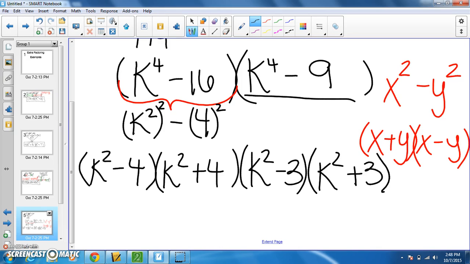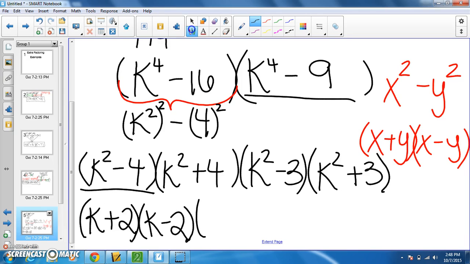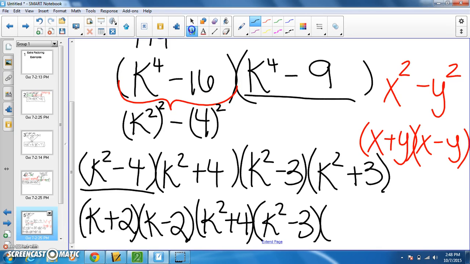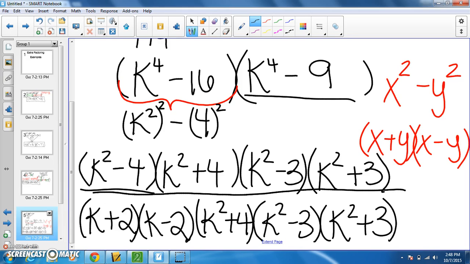Is it over? No, it's not. We have another difference of squares, which we get k plus 2 times k minus 2. And bring down all of the rest of our factors. K squared plus 4, we do not have a sum of squares, so we can't factor that. K squared minus 3 times k squared plus 3 is our final answer.